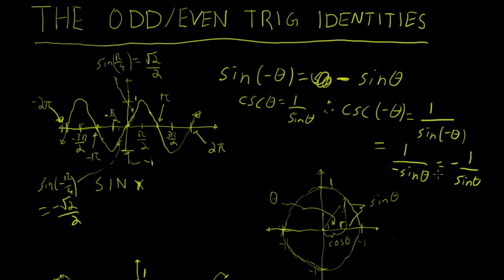So 1 over negative sine of theta is negative 1 over sine theta. What's 1 over sine theta? It's just cosecant of theta, right? So this is negative cosecant of theta. So just as sine of negative theta was negative sine of theta, cosecant of negative theta is negative cosecant of theta.